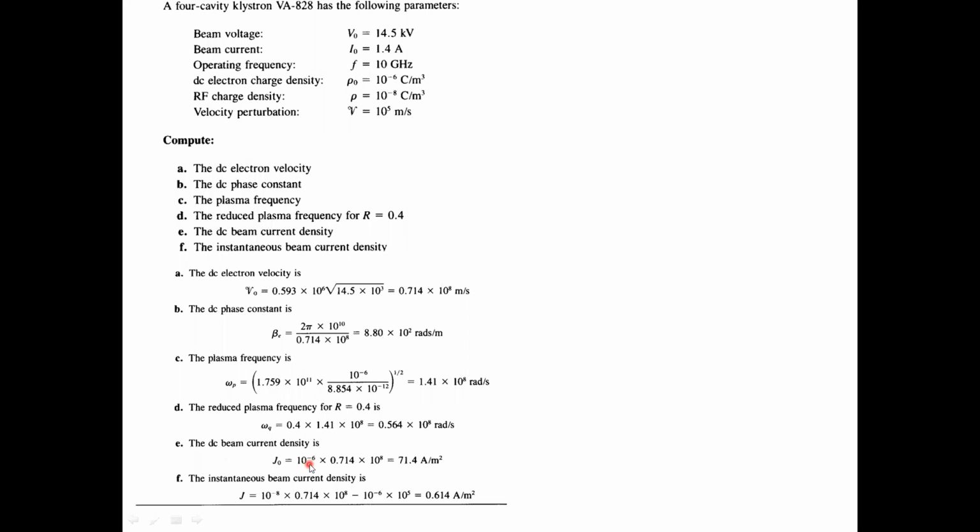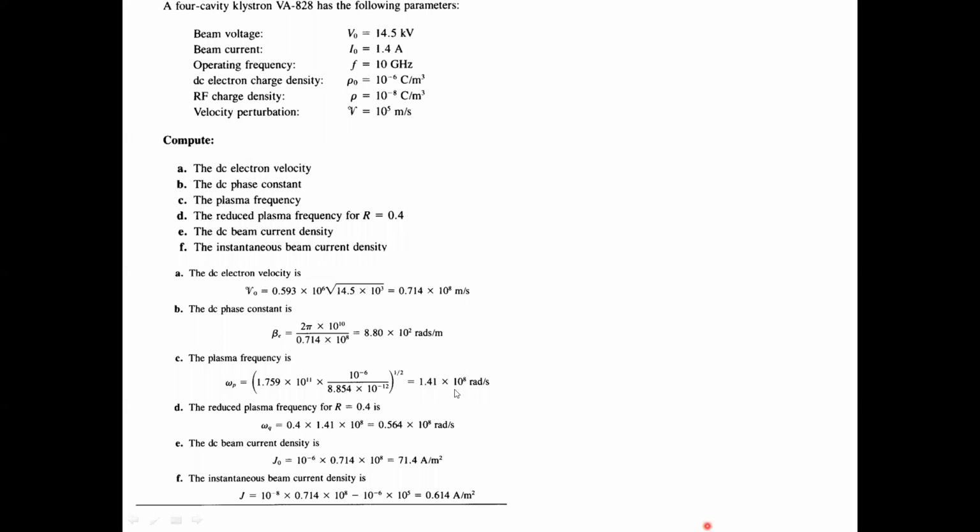The charge density is 10 power minus 6 in the question, and in earlier steps we got 0.714 times 10 power 8. Therefore the current density, in units of ampere per meter square, is 71.414.